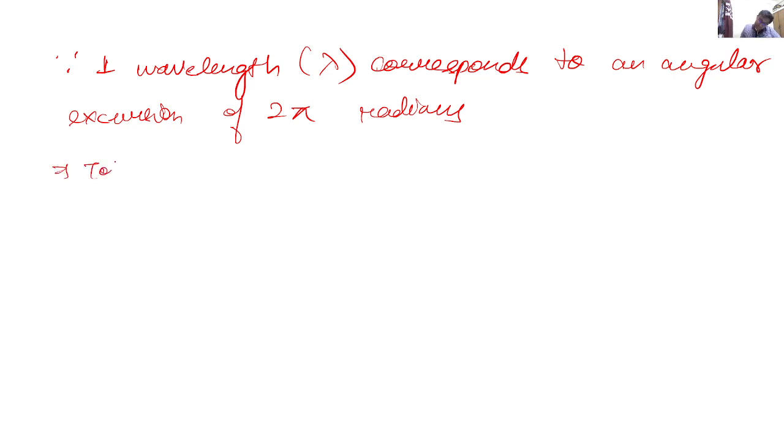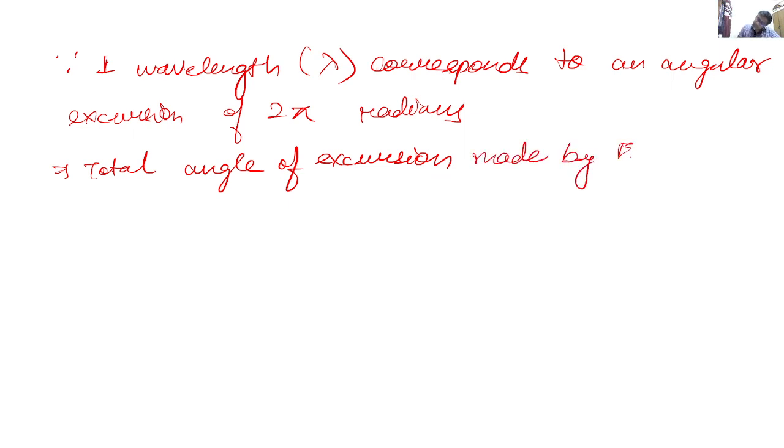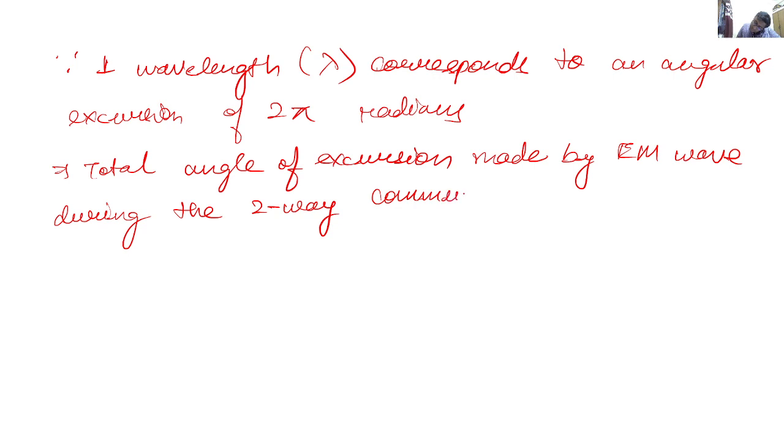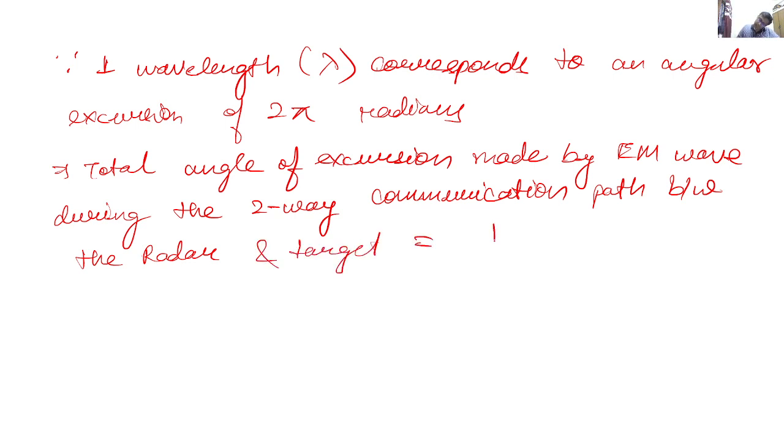So this implies the total angle of excursion made by the electromagnetic wave during the two-way communication path between the radar and target would be 4 pi r by lambda.